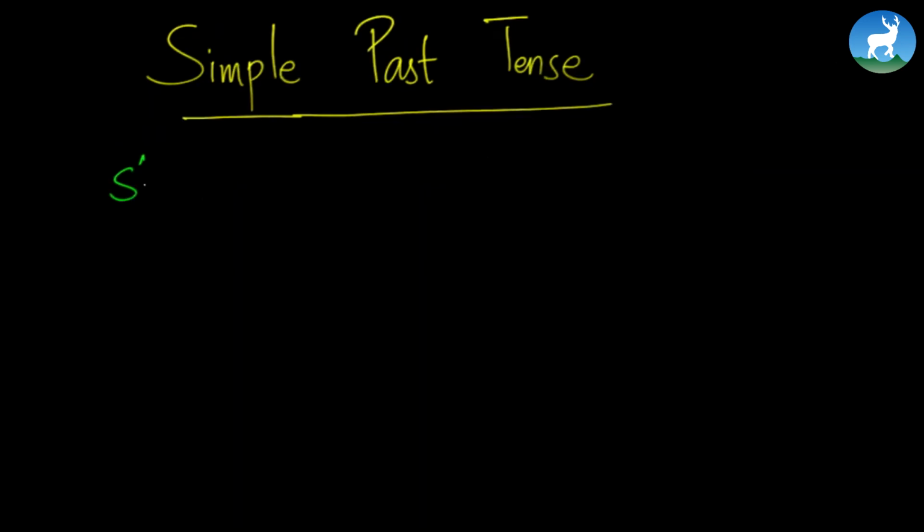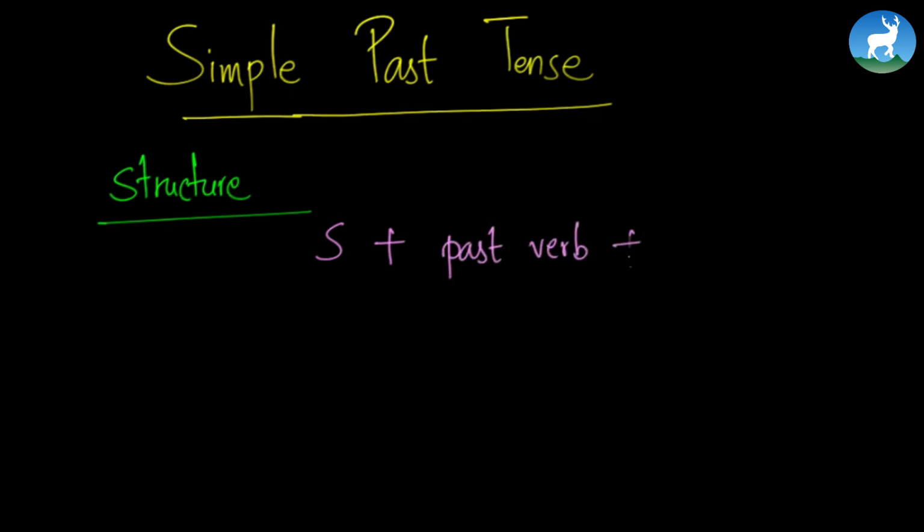Okay, now let's move on to the simple past tense. Now if you think about the structure of simple past tense, we have a very common structure which is subject and past verb followed by object. The past verb is oftentimes called V2. Okay, so if I write a sentence like, I wrote a letter.